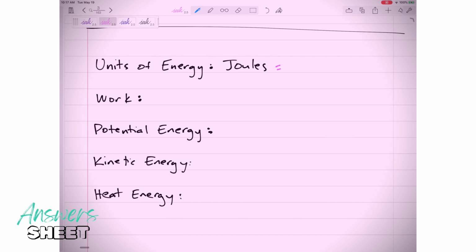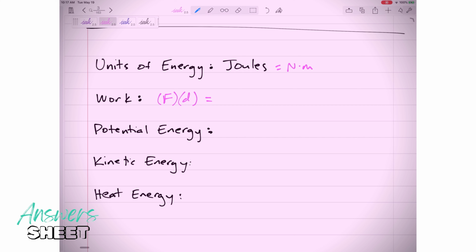SI units are joules. Joules are Newton meters, Newton times meter, right? And I'm not afraid to use English units. We'll talk briefly about English units too, but the SI unit of energy is the joule. Work, when I think of work, I think of force times distance.